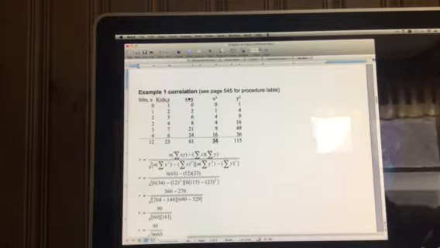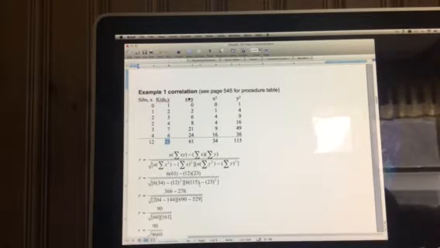So that's the total from the bottom of column 4, x squared. In the second example, we have sigma x with the square outside. We want the total from the bottom of column 1, 12, but then we'll need to square it. We do the parallel thing with the y's. Sigma y squared, the square inside, bottom of column 5. Sigma y squared with the square outside, bottom of column 2.